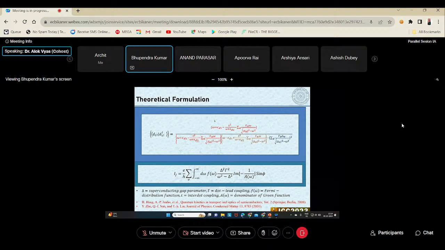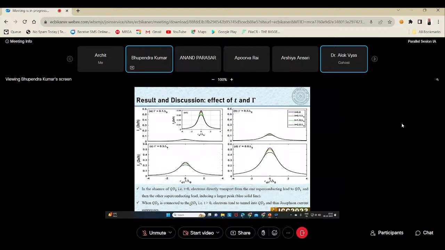So once we get the Green's function, the formula for the Josephson current or supercurrent can be easily derived with the help of the theory given by Caldeira. So this is the result part. Here we see the effect of interdot tunneling T and dot lead coupling strength.